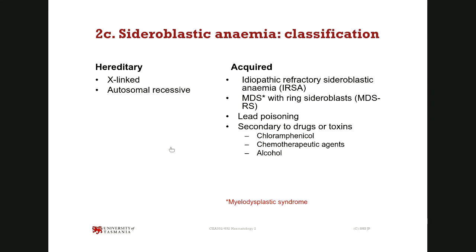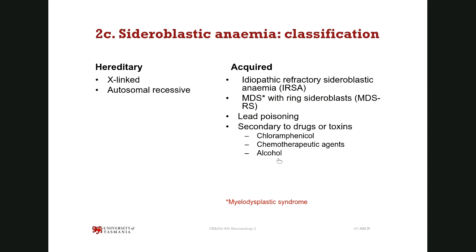So you can see there's lots of things that can cause sideroblastic anemia. It can be hereditary, it can be acquired. And we've already talked about lead poisoning causing sideroblastic anemia when we were talking about hypoproliferative anemias. We've also talked about the effects of alcohol.